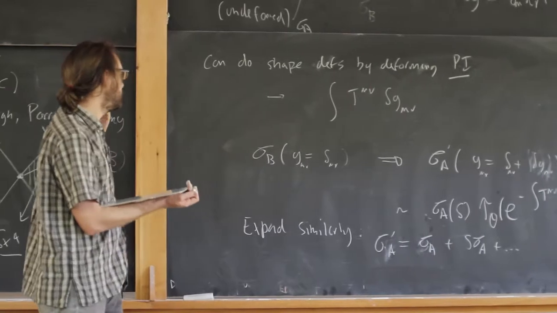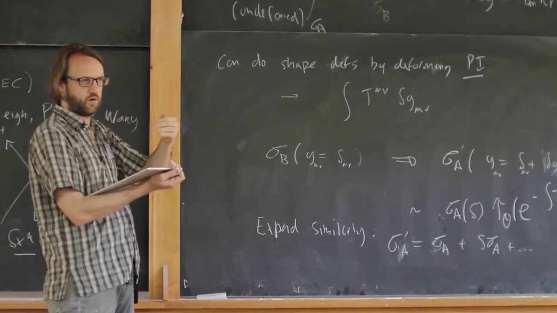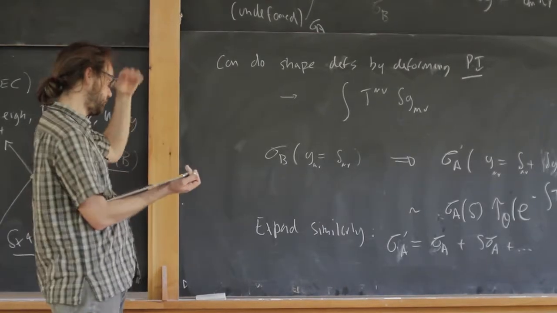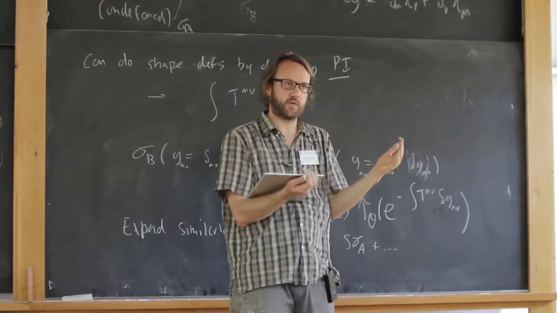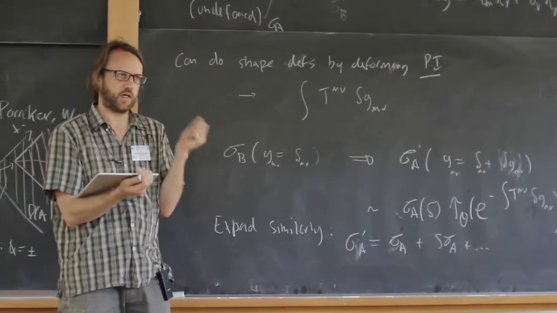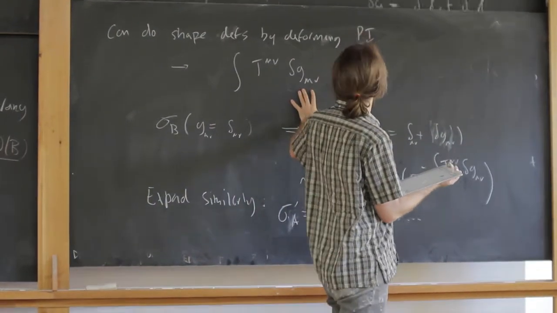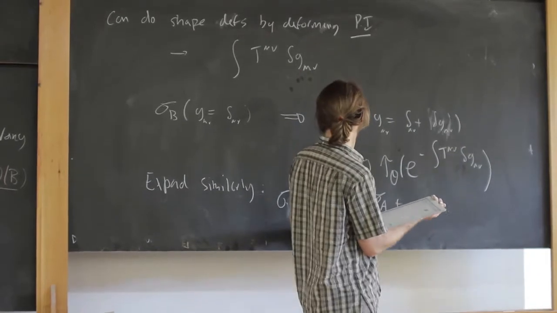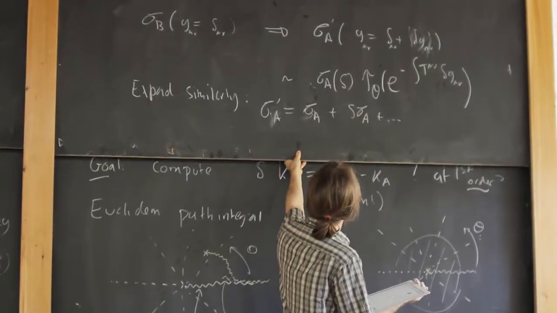Well, we want to get some access to the modular Hamiltonian. So it's an operator, but we want to calculate something. So let's just calculate matrix elements of that operator. Let's just pick a state and compute the expectation value of the operator in the state, and that will at least give us the diagonal elements, and you can work out the off-diagonal elements.